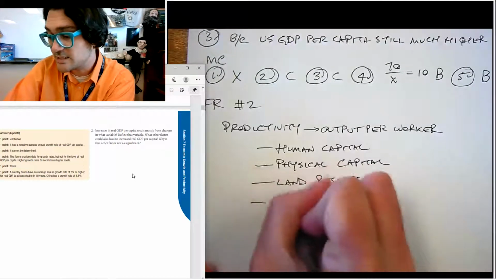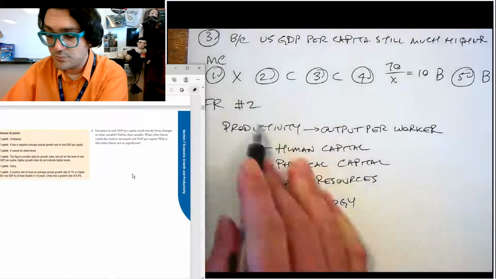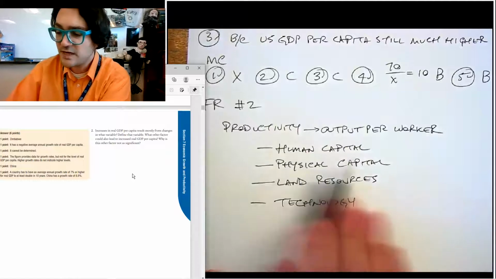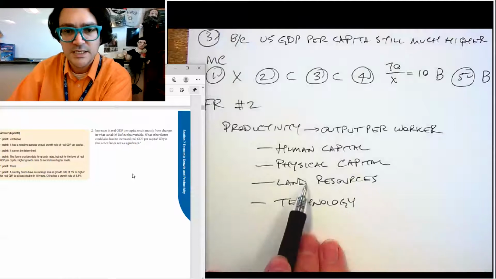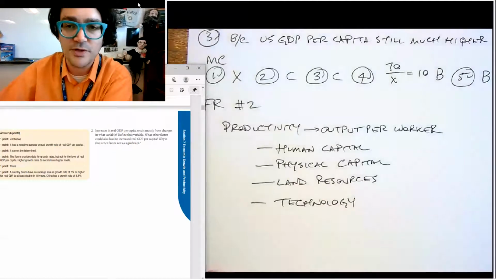You could also say technology. All of those kind of fuel productivity. The more qualified and quality of your workforce, the more tools, machines, factories, the more natural resources you have, the more technology you have, all of them contribute to greater productivity growth.